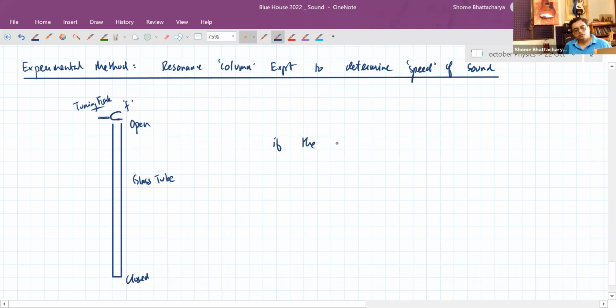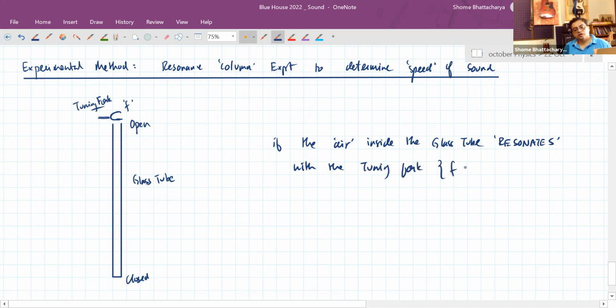Now, if the air inside the glass tube resonates with the tuning fork, that is, the frequency f of the tuning fork equals a frequency of the resonant modal series for the tube.